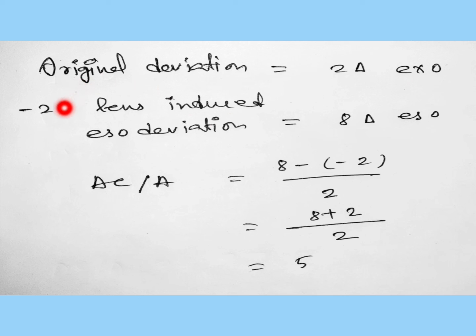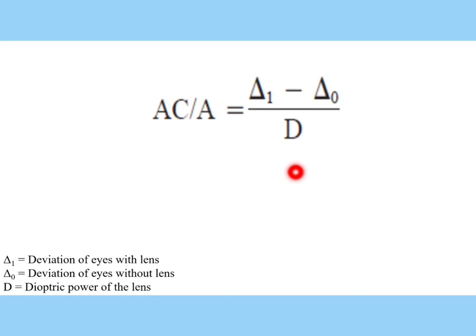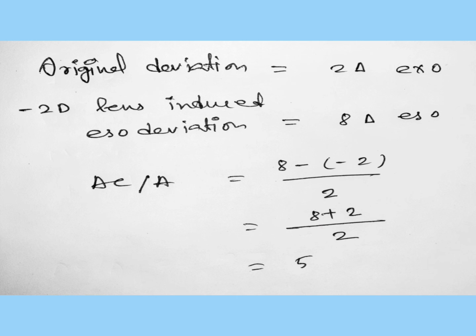Now a -2 diopter lens is put in front of the patient's eyes, and that induces an eso deviation of 8 prism eso. So 8 positive, 2 negative, put the values into this formula and you will get the AC/A ratio, which is 5. What I told you is that 3 to 5 is the normal range, so the patient's AC/A ratio is also normal.